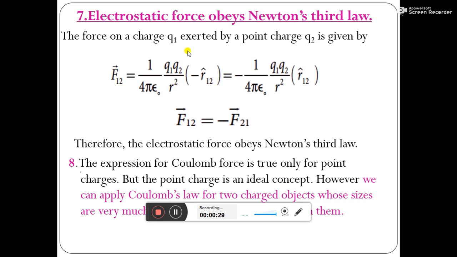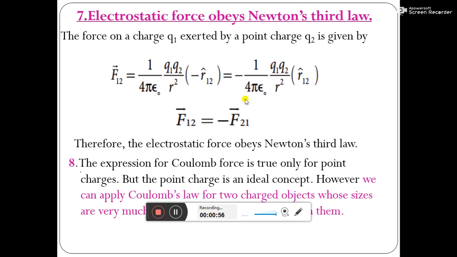Here we are considering the negative sign because the force F12 always acts in a direction opposite to the direction of unit vector R12. Therefore, F12 is now equal to minus 1 divided by 4 pi epsilon naught Q1 Q2 divided by R squared multiplied by the unit vector R12.